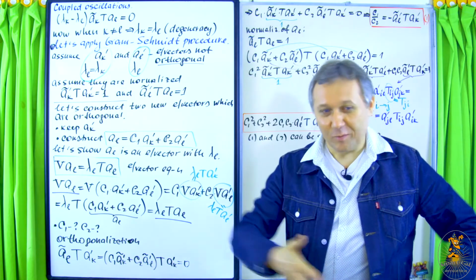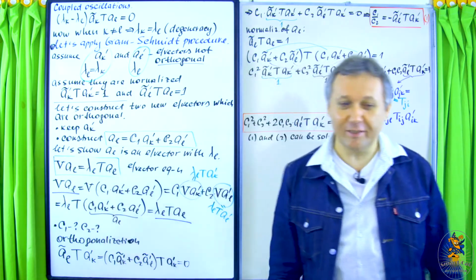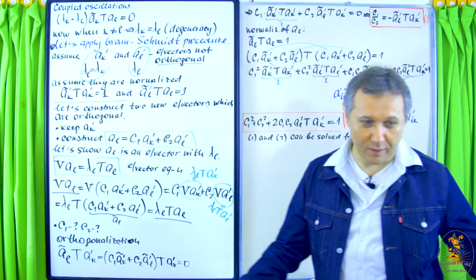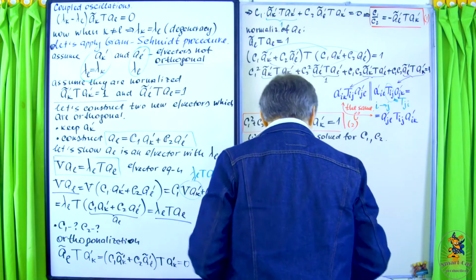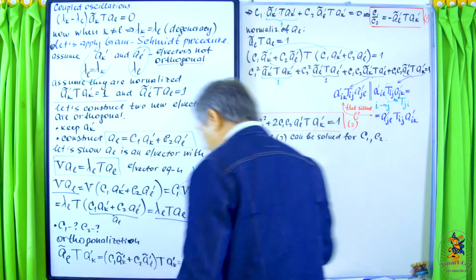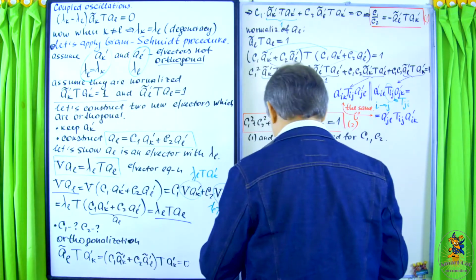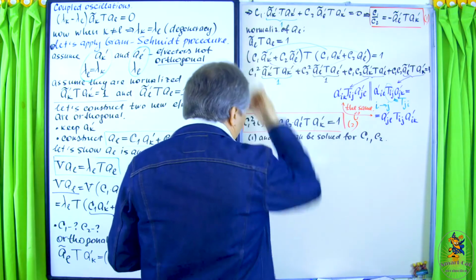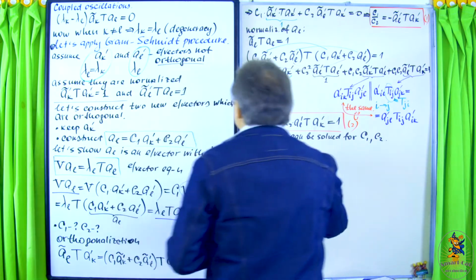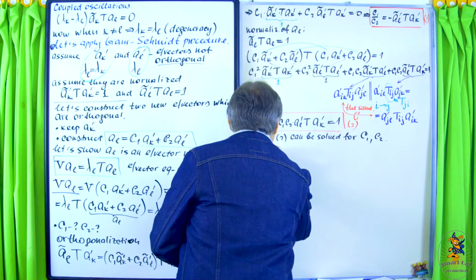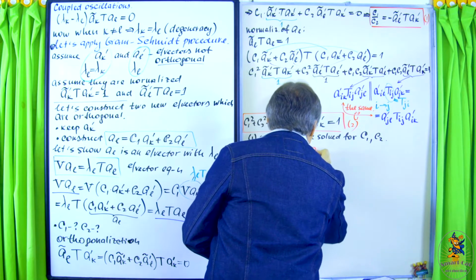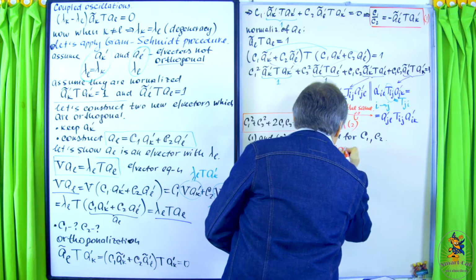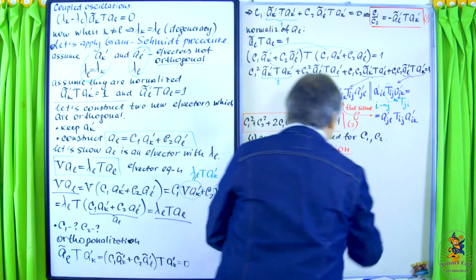Only then can we construct a linear combination of them. So now, since we know how to handle even a degeneracy situation, we can write the general solution. Finally.